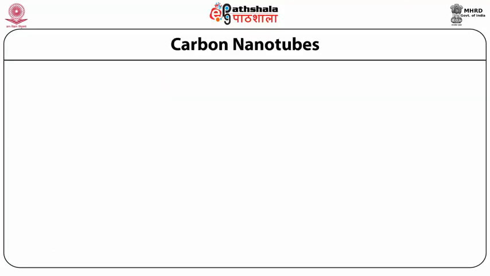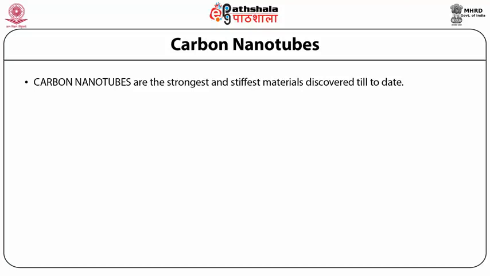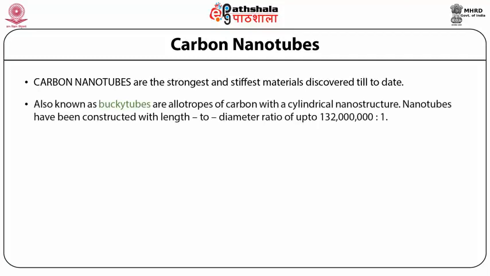Carbon nanotubes. The carbon nanotubes are the strongest and the stiffest material discovered to date. They are also known as buckytubes. They are allotropes of carbon with a cylindrical nanostructure. The nanotubes have been constructed with a length to diameter ratio of up to 132,000,000 to 1.